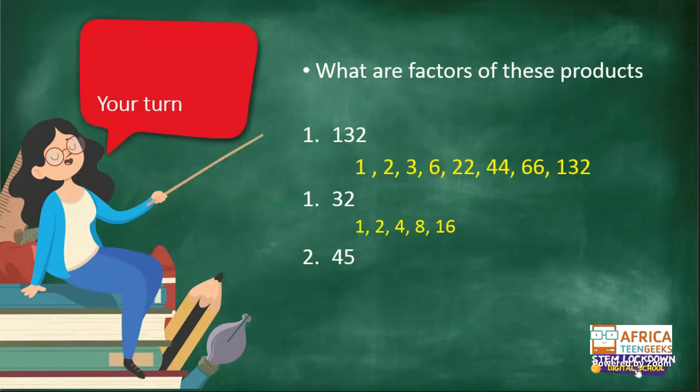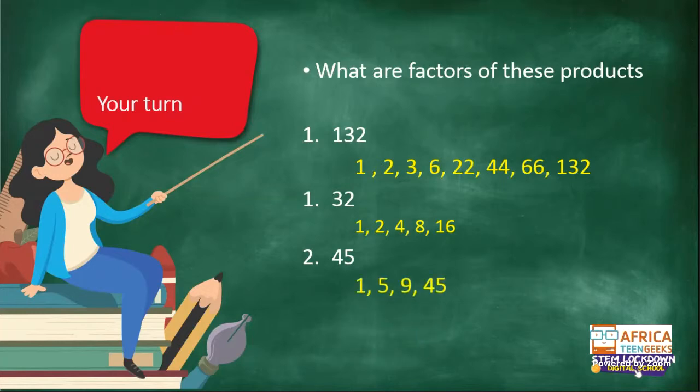Okay, 1, 3, 5, 9, 15, 45. I think we are agreeing. Remember, 9 is also a factor of 45.